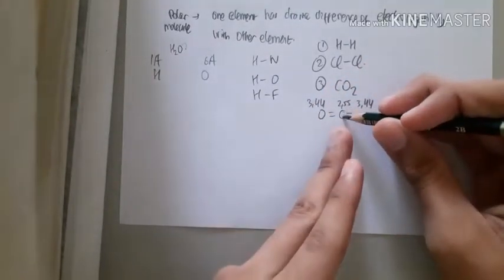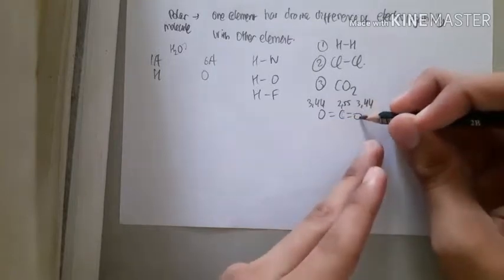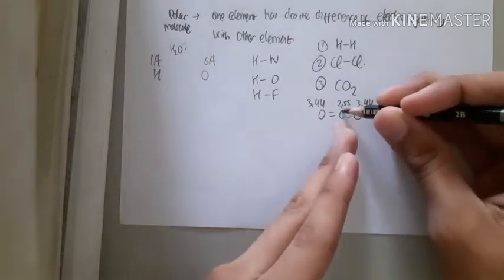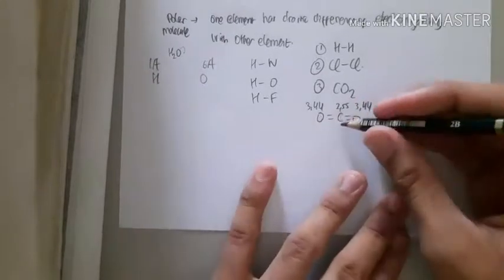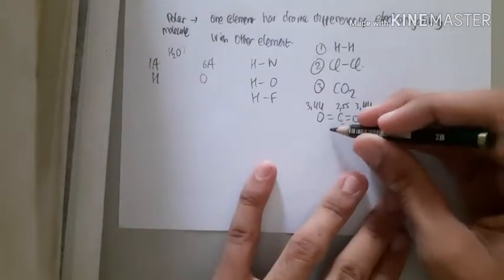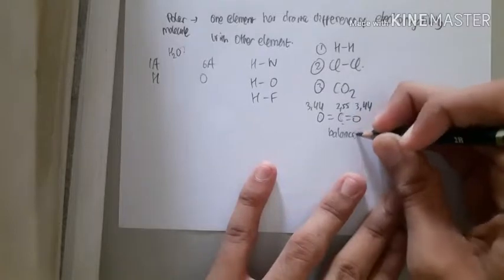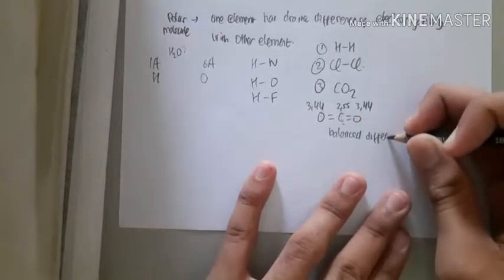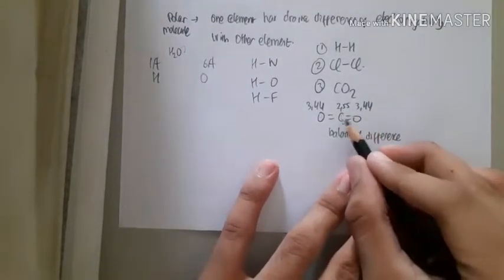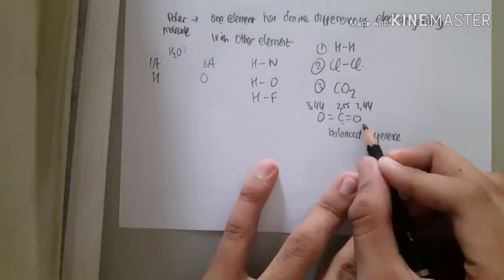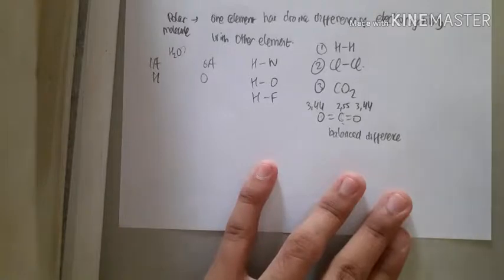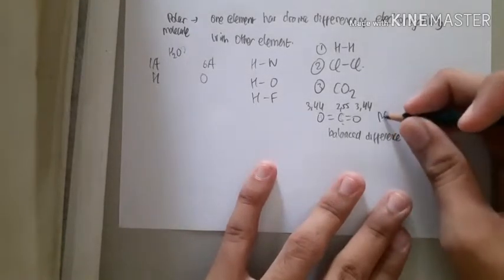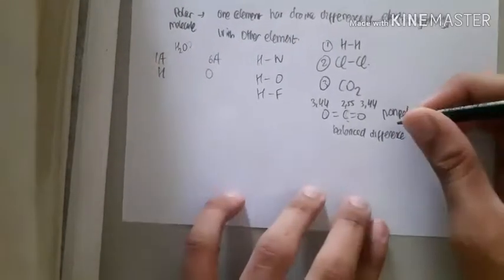When this carbon has the drastic difference with this oxygen, it also has the same difference with the second oxygen molecule. So we can say that this is actually balanced. The drastic difference is balanced by the exact same drastic difference. Therefore, this is also called non-polar.